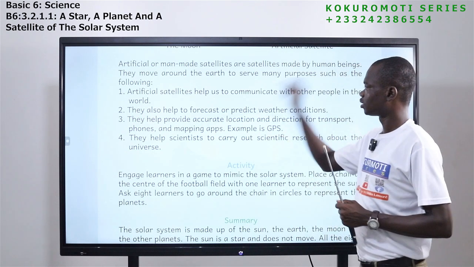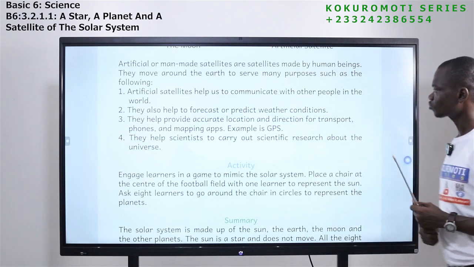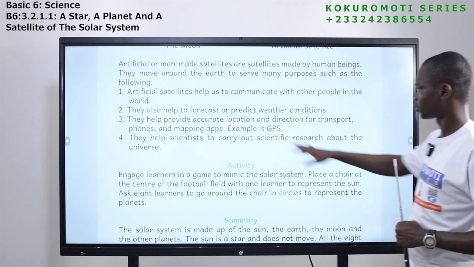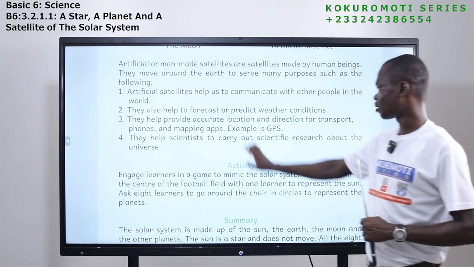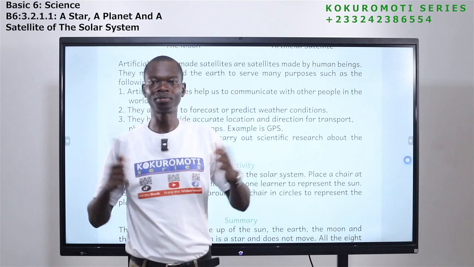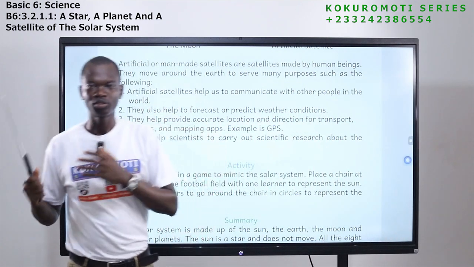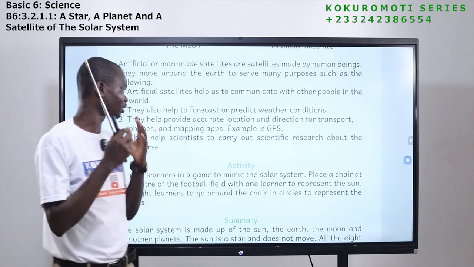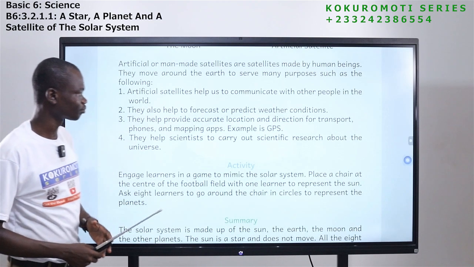Third one, they help provide accurate location and direction for transport, phones, and mapping apps. An example is GPS. So the satellites help you to move from one point to another. It gives direction. It helps give what? Direction and accurate what?